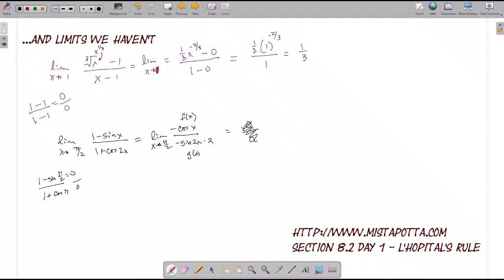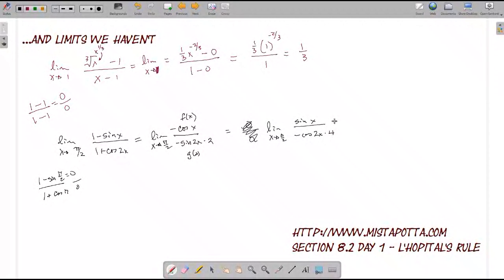So I'm looking for the limit as x approaches pi over 2 of, if I take the derivative of this, I'm going to end up with a positive sine x. And if I take the derivative down here, this is going to be negative cosine of 2x times, now I've got another 2 that pops out, so I end up with 4.